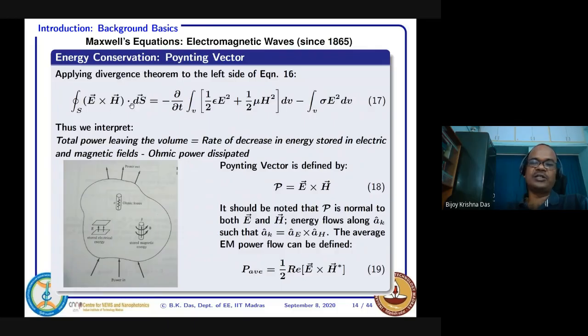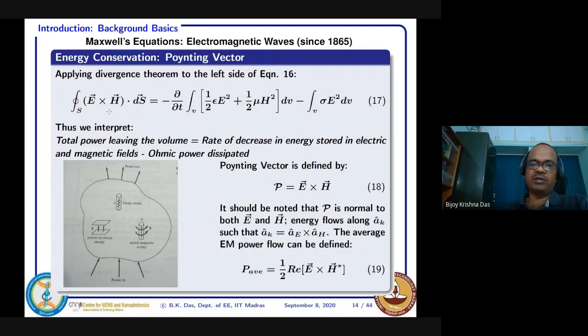That is called the surface integral. So from the divergence theorem, in equation 16, the left hand side, the volume integral of the divergence of that vector, will become the surface integral of that vector. Okay, that is the divergence theorem.